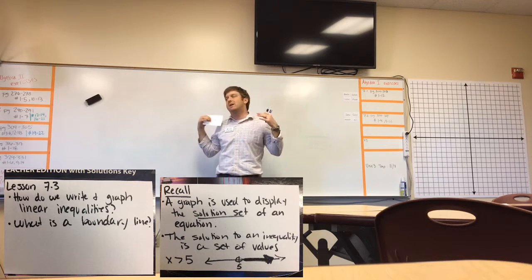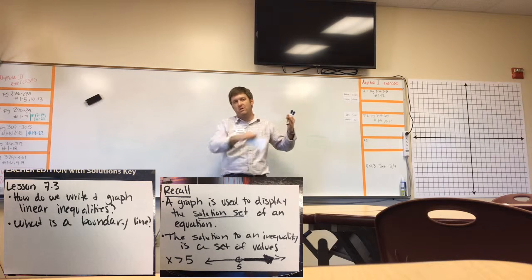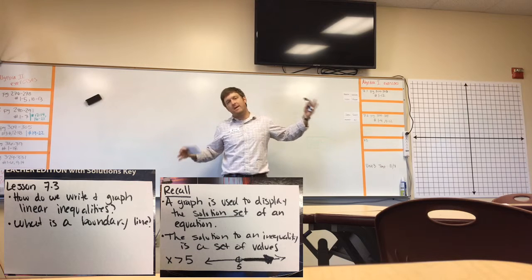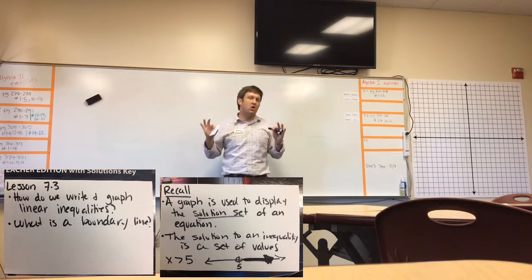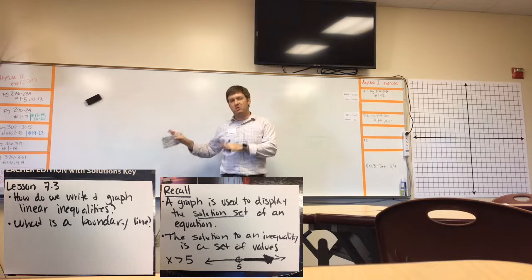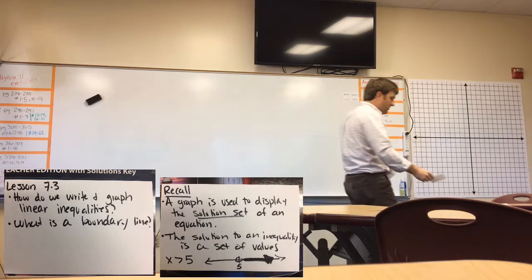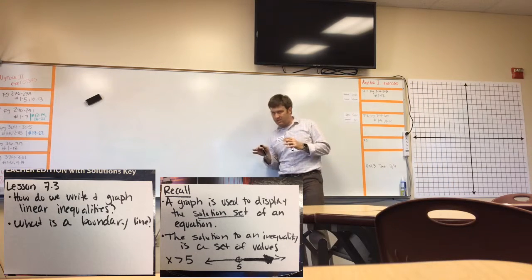And there are lots of other points that also make that same equation true, and the line that we graph is all of those points in one picture. So a graph is a picture of all the points that make a statement true. If you remember from things you've done before, we've dealt with inequalities before.